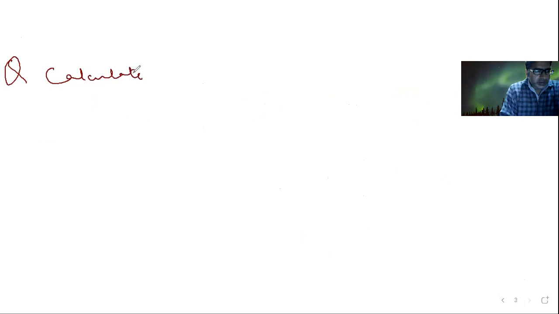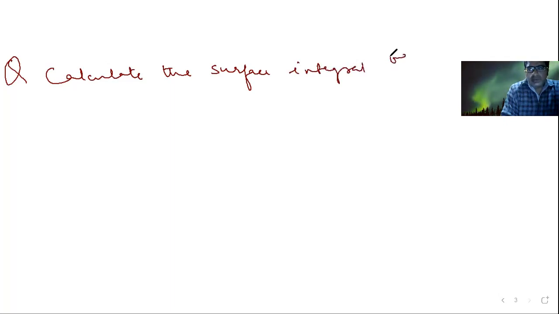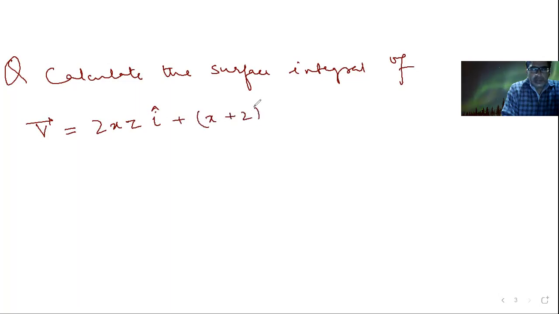Calculate the surface integral of V equal to xz i cap plus (x plus 2) j cap plus (y times z square minus 3) k cap.